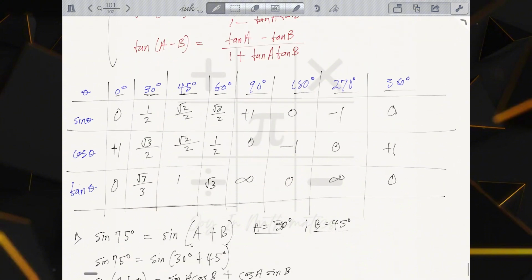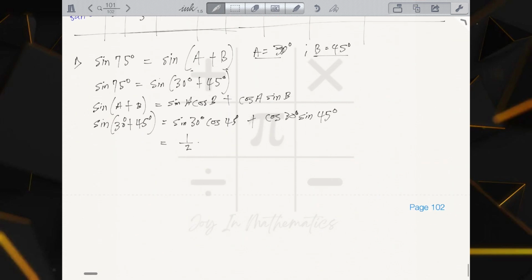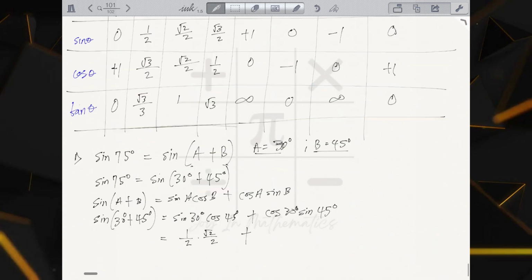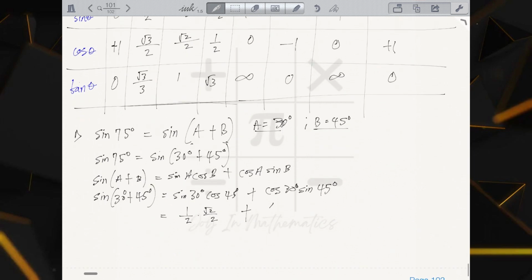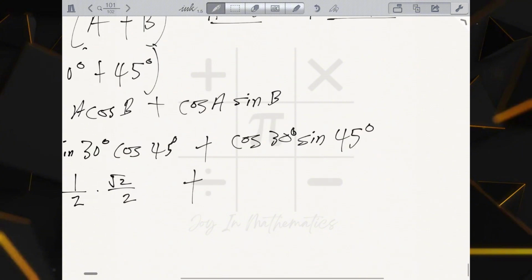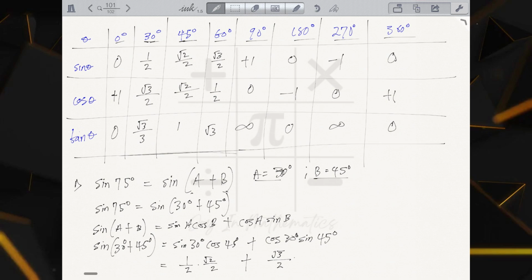And cos 45 degrees is root 2 over 2, so 1 over 2 multiplied by root 2 over 2, plus cos 30 degrees, which is root 3 over 2, and sine 45 degrees, which is root 2 over 2.